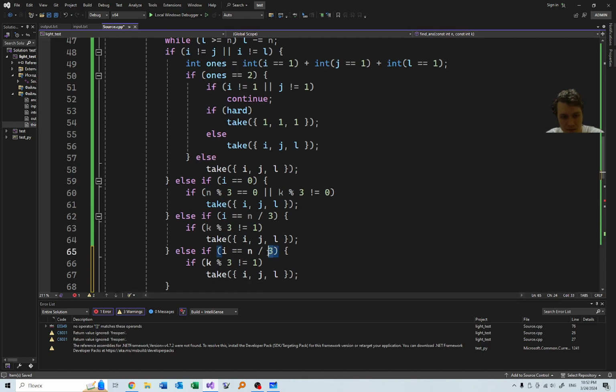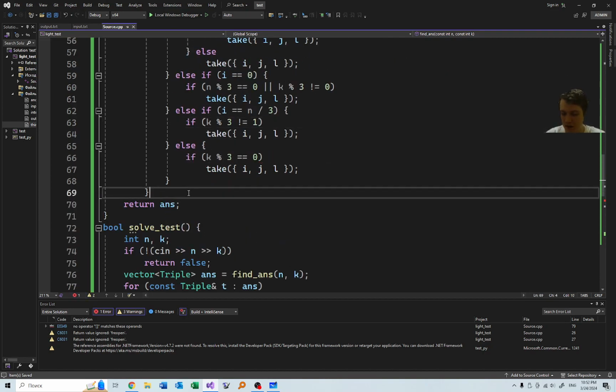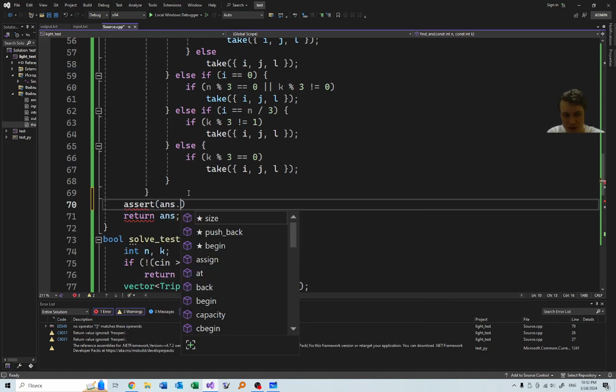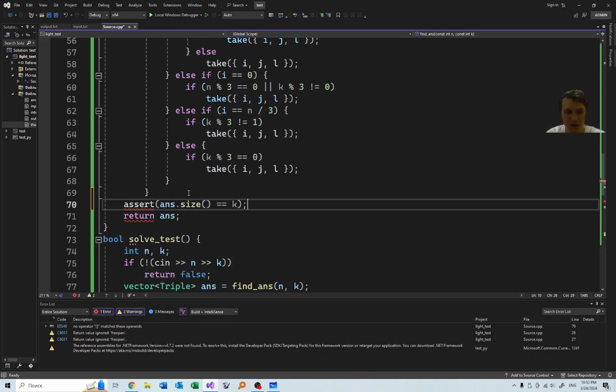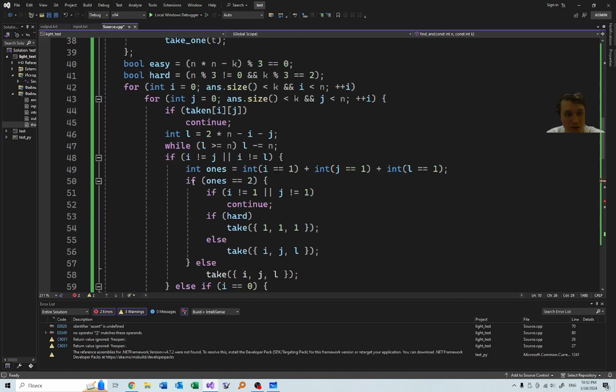Else we need to take only for 0. Then let's assert that ans with size equals k and return ans.